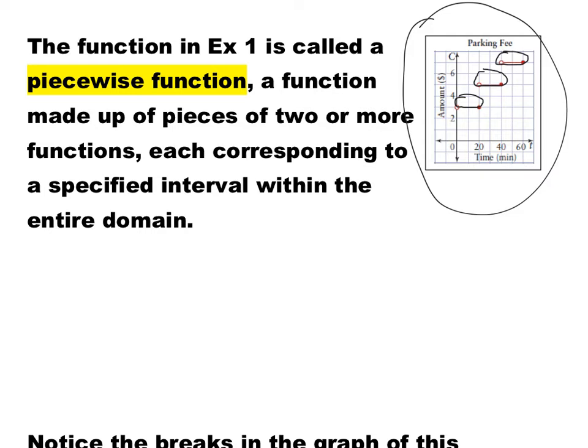This is what we call a piecewise function, which is made up of pieces as is shown on the graph. There is another name for this function which we call a step function.